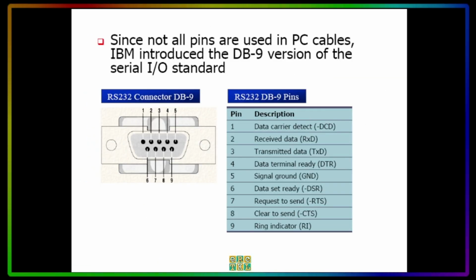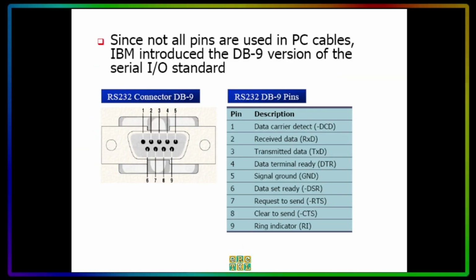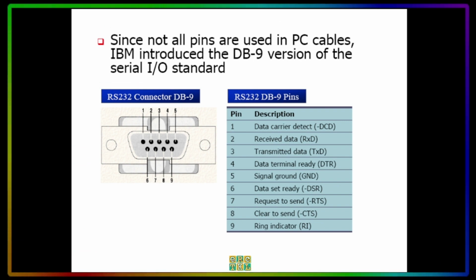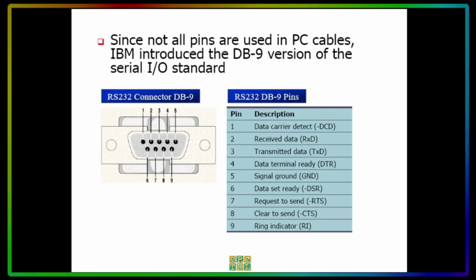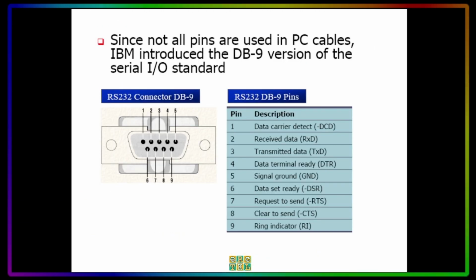Now, since not all pins are used in personal computer cables, IBM introduced the DB9 version of the serial I/O standard. So this is what we call the RS232 connector DB9, and you will notice that compared with the previous one, which has 25 pins, this one only has 9 pins.